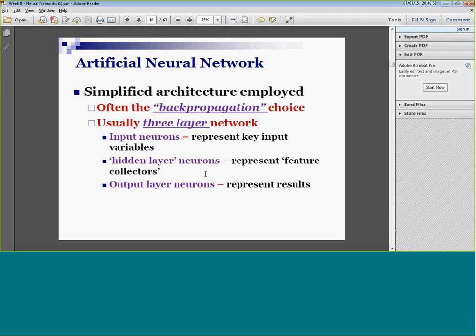Then there's also outputs, which is the answer, the results. And then there's the thing I skipped, the middle layer, which is what we call a hidden layer, and represents a feature collector, but I'll have to explain that in a little more detail in just a minute. So normally we have a 3-layer network called the backpropagation architecture, okay?